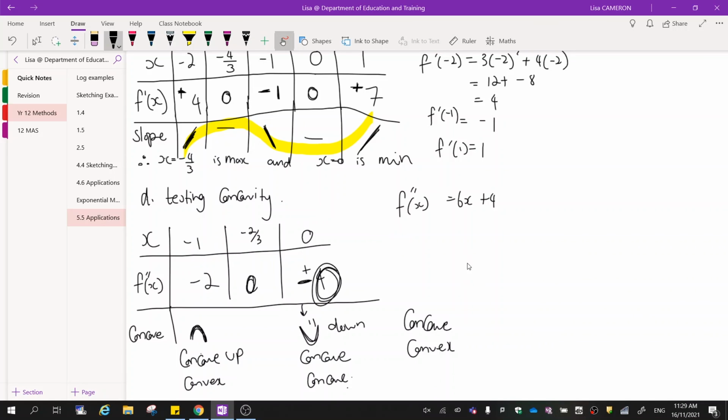So here I can say, therefore, when x is less than negative 2 on 3, convex, and when x is larger than that, concave. Okay, so there we go. We've tested concavity. Good job.